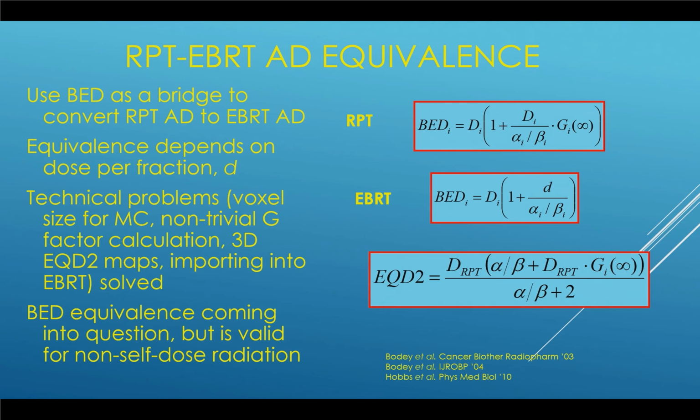When you're going from one RPT to another, or going from external beam to RPT, especially if you're looking at self-dose, there can be non-equivalencies because the uptake in the normal organs, which drives the dose in the normal organs of radiopharmaceutical therapy, may not be uniform, okay? It may be driven by specific cell types, it often is. So if you're looking at self-dose in areas of high uptake, you need to be a little bit careful. If you're looking at cross-dose, though, this works pretty well, okay?